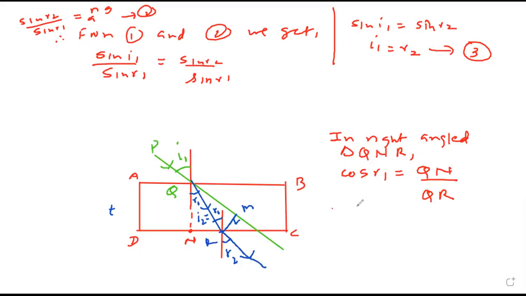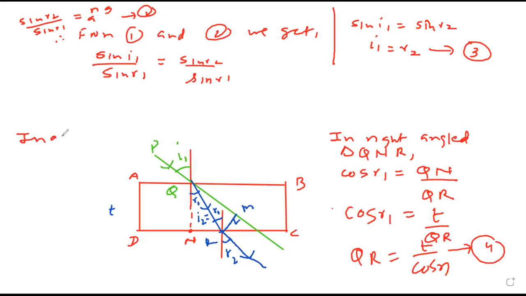Okay, this much clear? Yes. So cos R1 will be QN, which is thickness T, upon QR. That means QR is T upon cos of R1. This is equation 4.